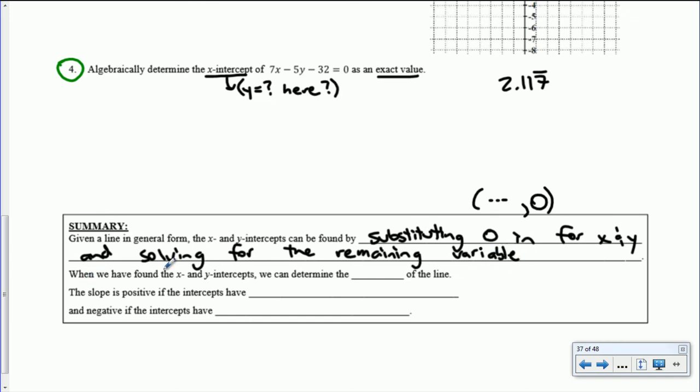When we found the x and y intercepts, we can determine the slope of the line. And the slope is positive if the intercepts have opposite signs.